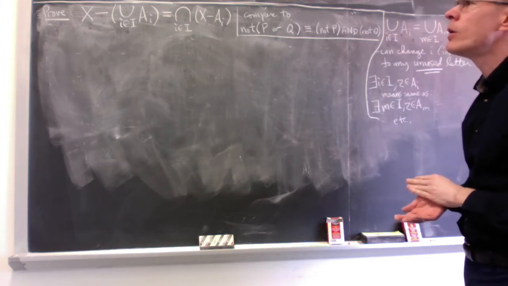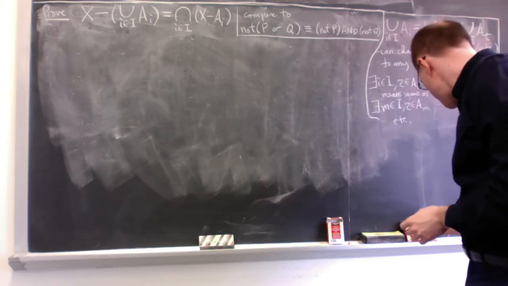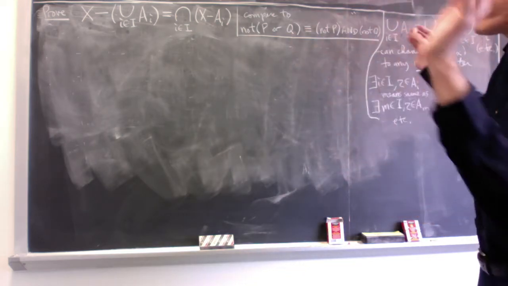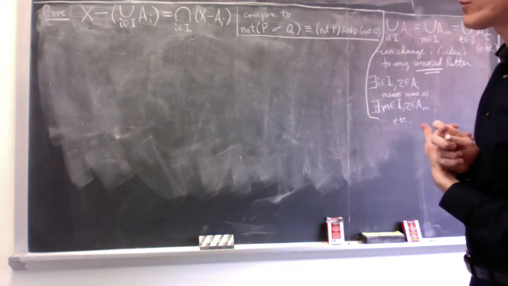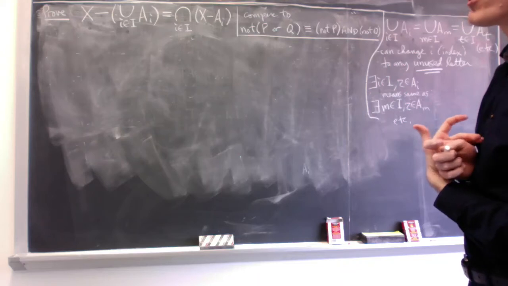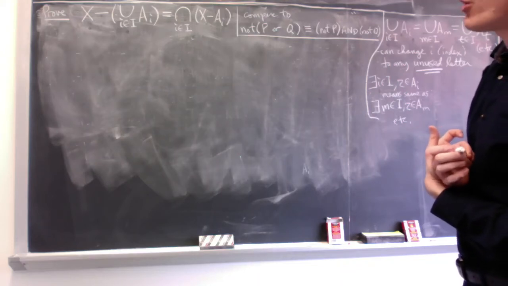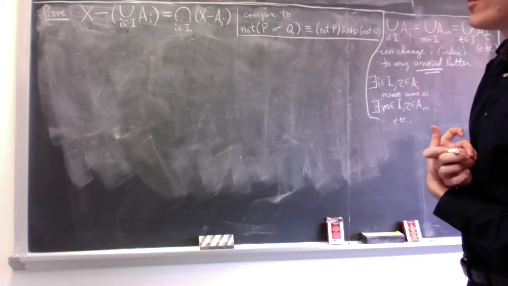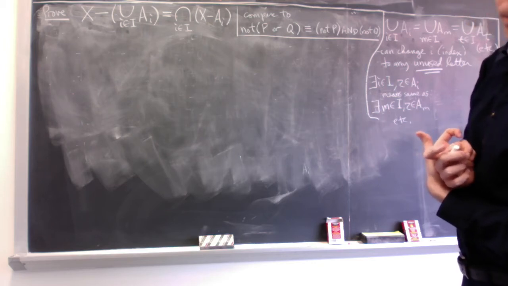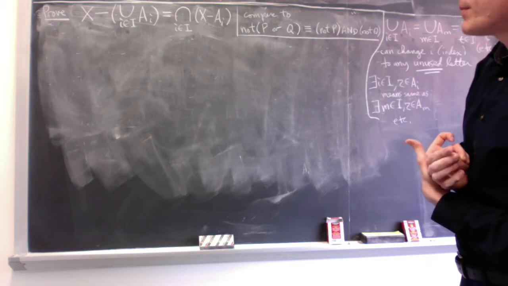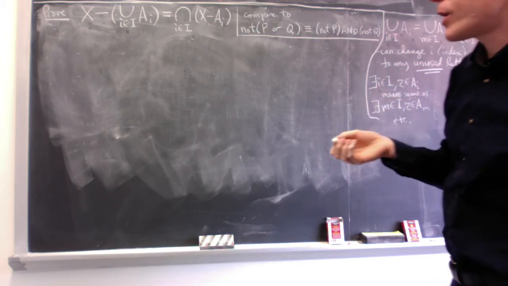Okay, so it's a set equality. Assume we've already fixed the X and the I and all those things at the beginning of the proof. How do you prove a set equality? Either a two-part proof or maybe a chain proof. It's not always clear that the chain proof would work.